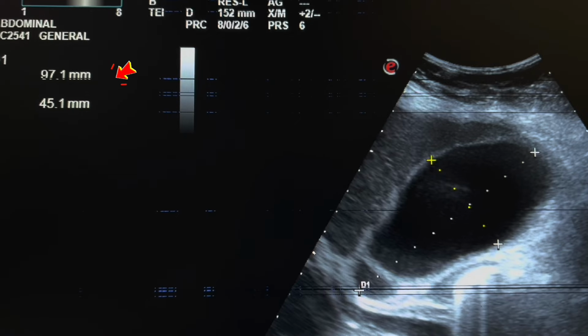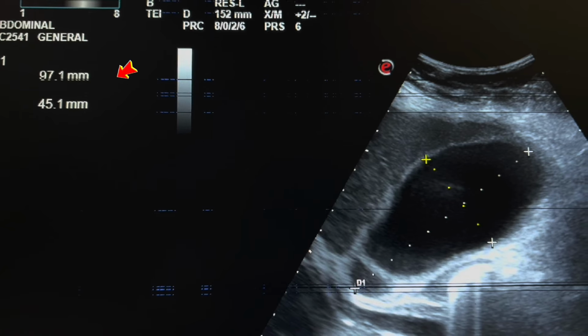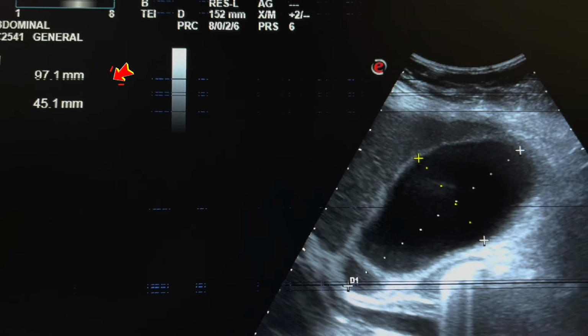The normal length and width of gallbladder is up to 100 by 60 millimeter.